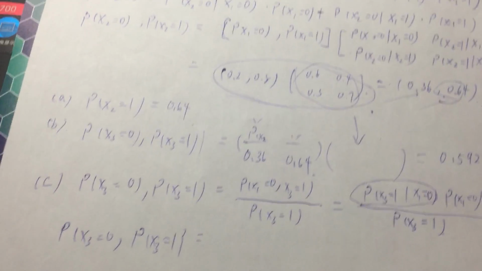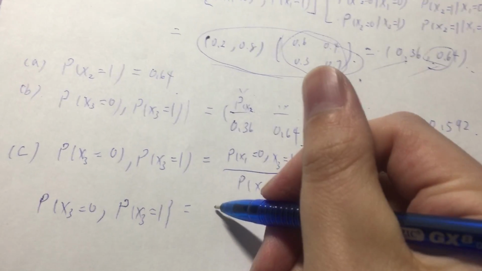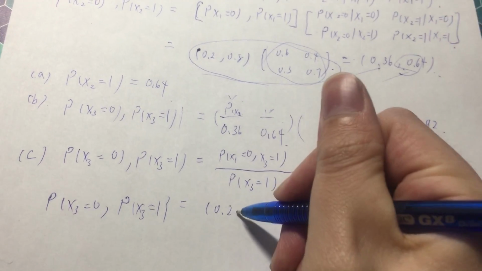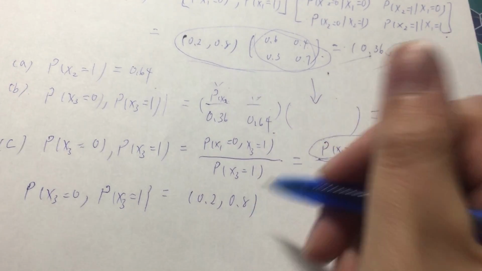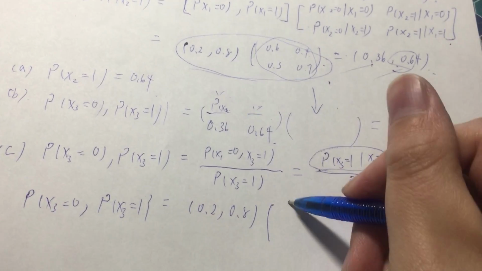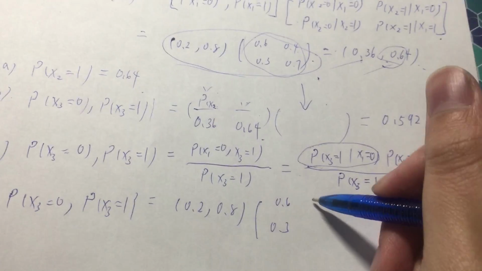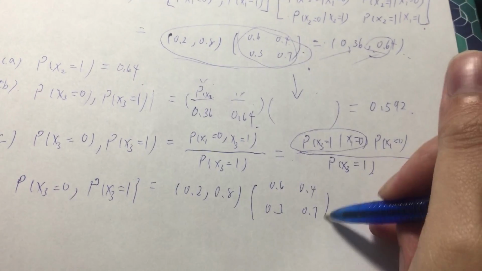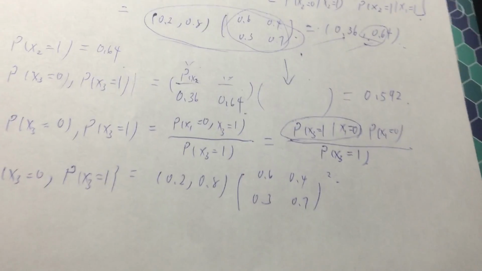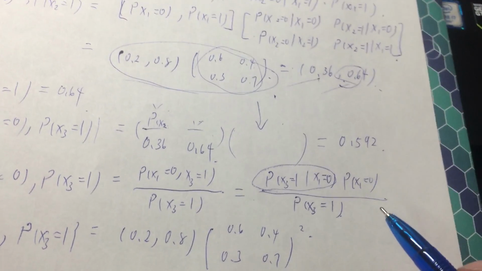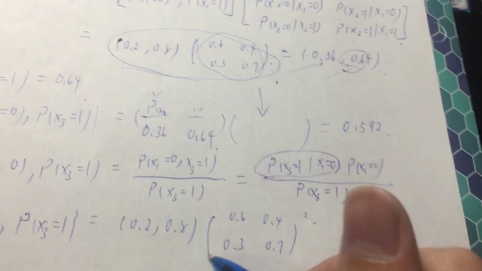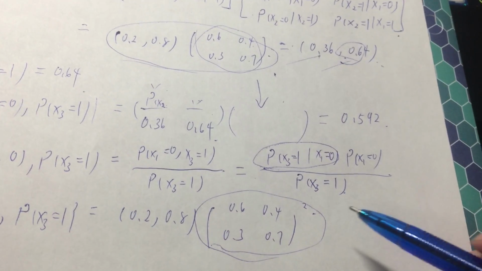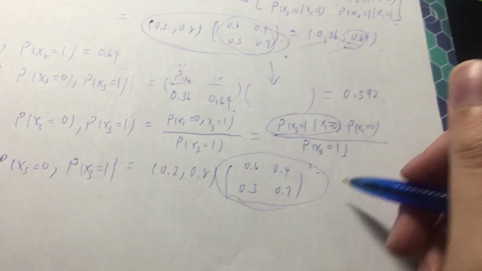We can write it in short as 0.2, 0.8, 0.6, 0.3, 0.4, 0.7 squared. This is the part which we need to derive.